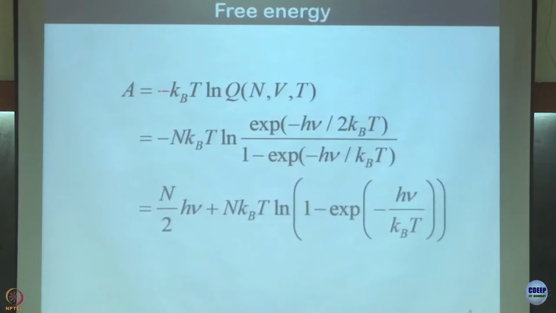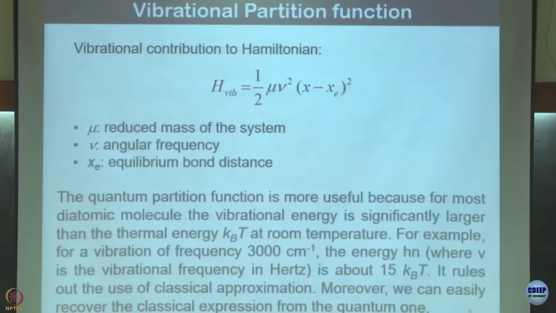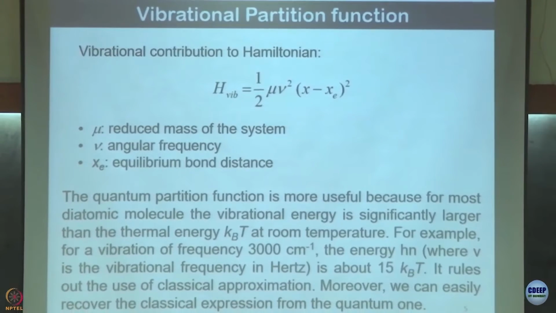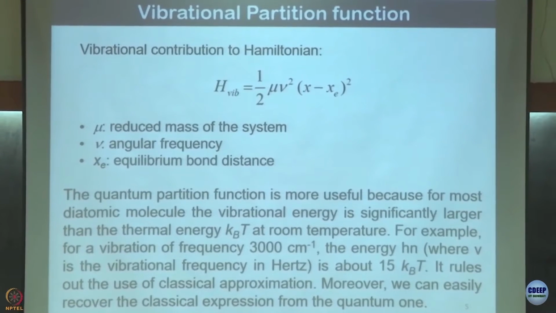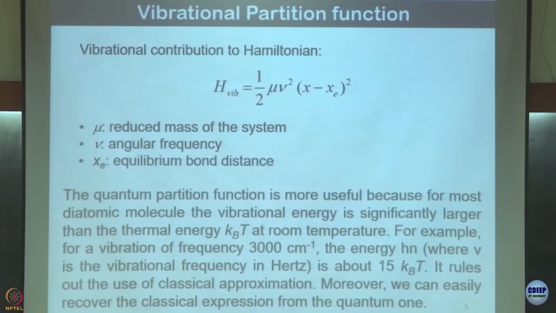Now so free energy I know, this is a canonical partition function free energy. Now let us again slightly go back, let me repeat how we did this calculation. We are going to calculate the canonical partition function. We have a system that is characterized by NVT, and then quantum mechanics giving us the energy levels.